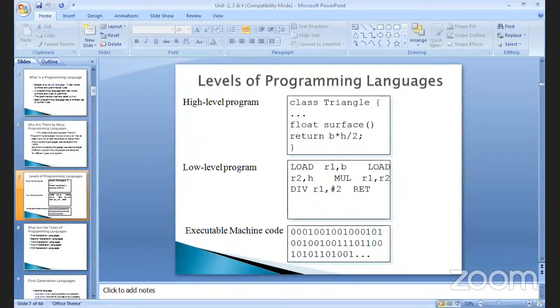You see here the levels of programming languages: the high level program, and second the low level program and executive purpose. You see here some machine codes. In a high level program, it relates to the class of a triangle method.